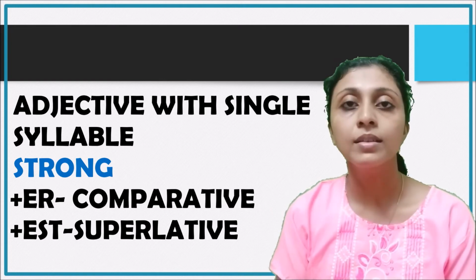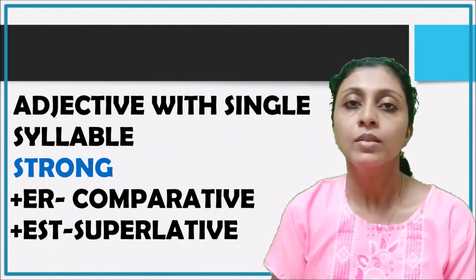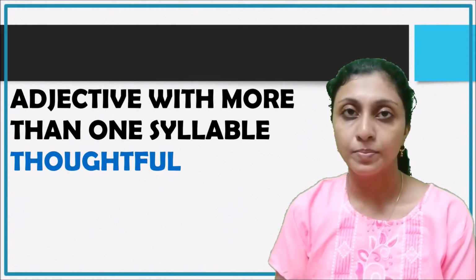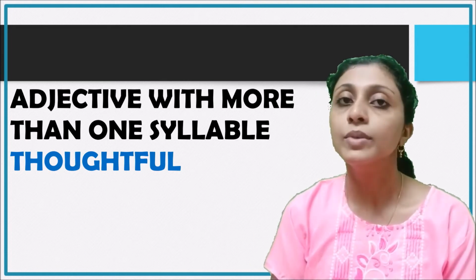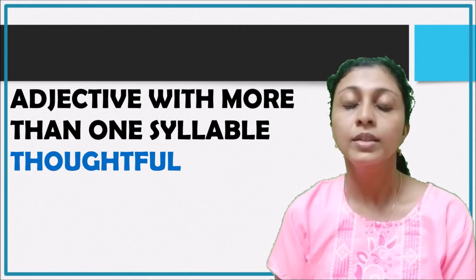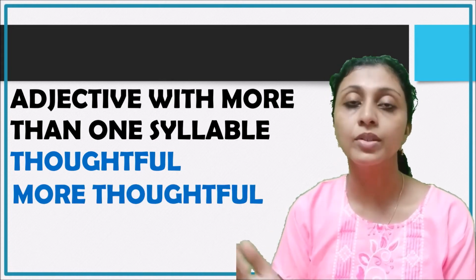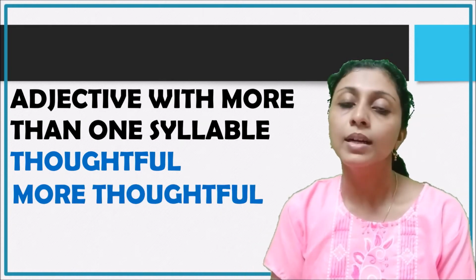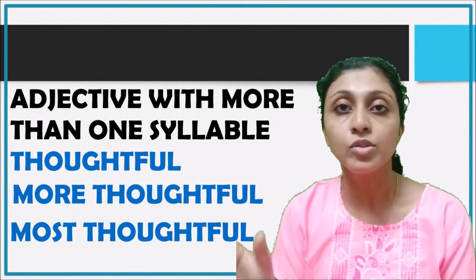Whereas there are some other adjectives that have more than one syllable. For example, thoughtful. Thoughtful is an adjective in its absolute form, but when you are using the comparative form, you should write it as more thoughtful. You should add more. And finally, in the superlative form, you should write most thoughtful.